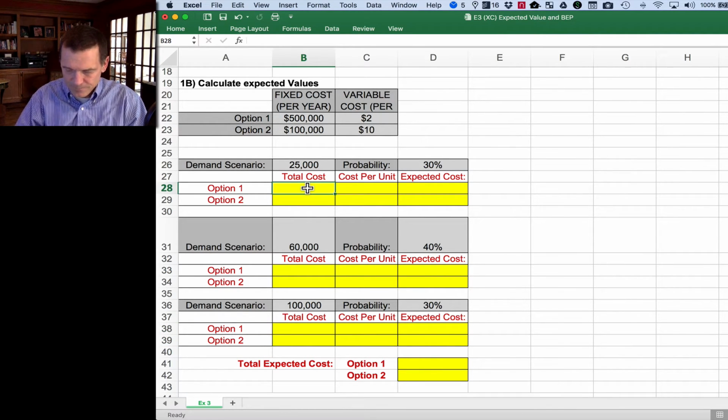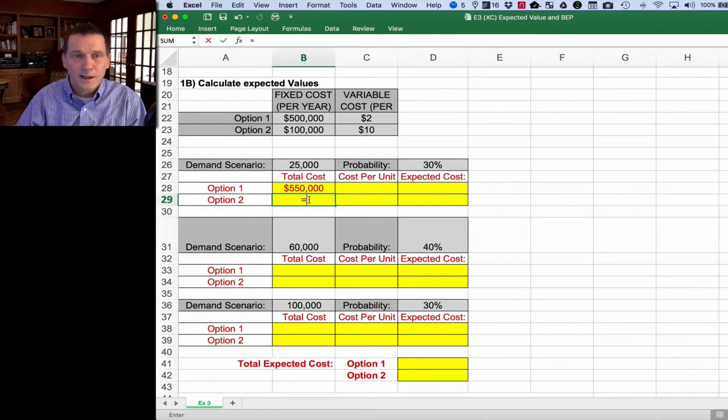So in Excel, we would basically say equals, remember the formula, equals fixed cost plus variable cost times the star key, the volume here. You can hit enter and we're good.